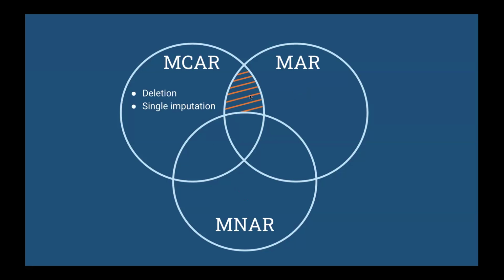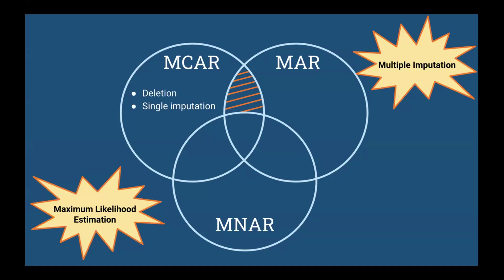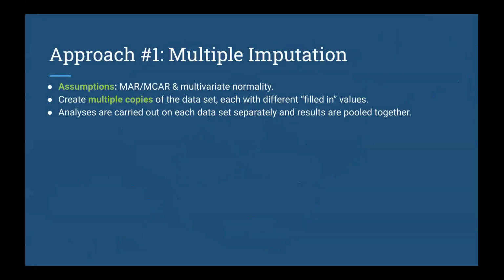Today we'll be looking at two methods that fall in this orange shaded part here. This gives us a little more flexibility because the assumptions for MAR are a little looser. The first one is multiple imputation, and the second one we'll be looking at today is maximum likelihood estimation.